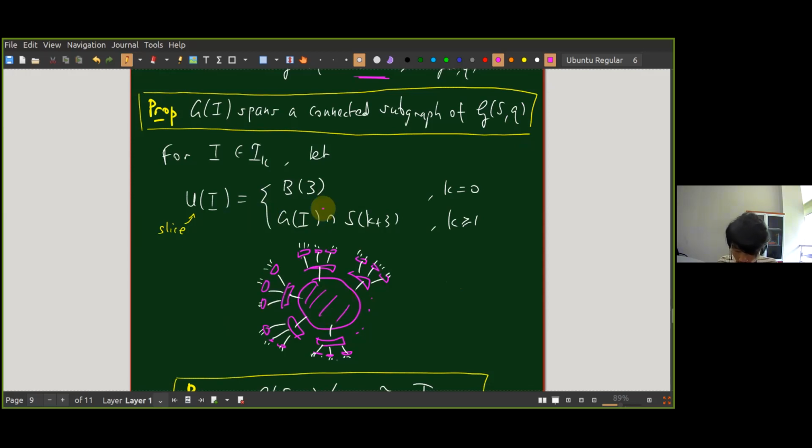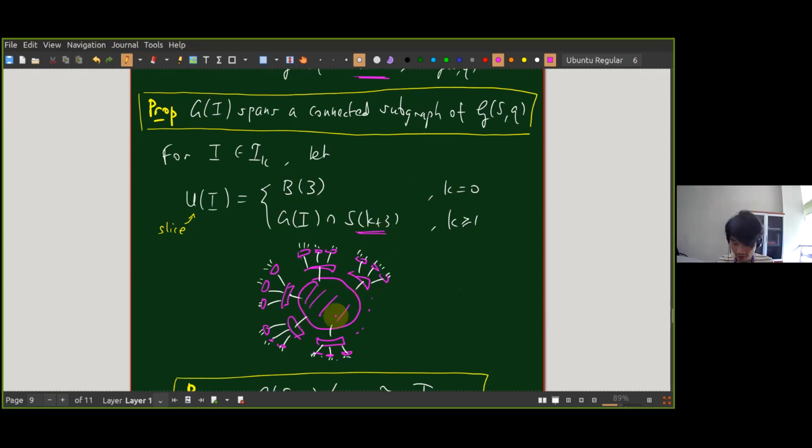For the initial interval at distance 0, I'm going to define this set, which is the ball of radius 3. Then for every interval which arises in later generations, I'm going to take this graph G_I, the slopes which have those vertices, but I'm only going to take those at distance exactly k plus 3 from the origin. That makes sure that different levels are going to be disjoint.